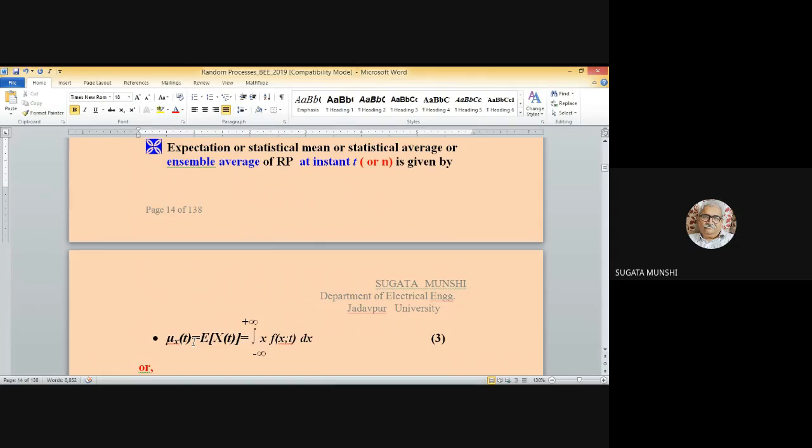So it will be the integration in case of continuous time random process as well as in the case of a discrete time random process, because the variable of integration is x, not time.